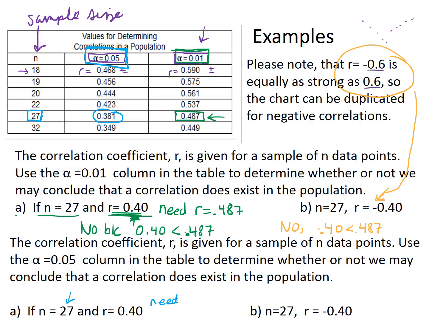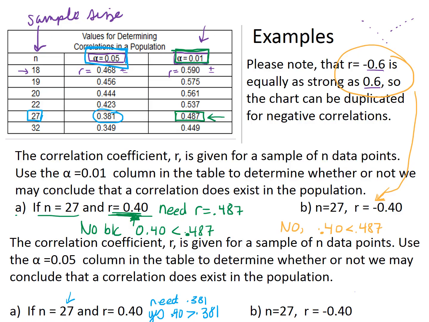So we need it to be 0.381. So yes, our R is greater than the value in the chart, so we can assume that there is a correlation. Obviously, the higher the correlation, the more confident we feel about reporting data or reporting statistics.